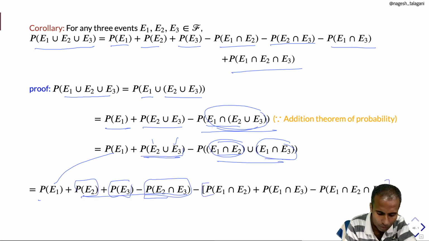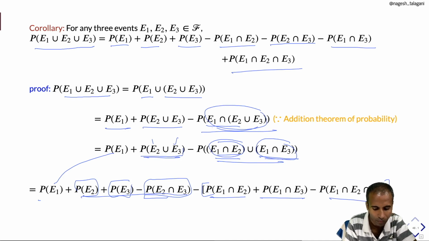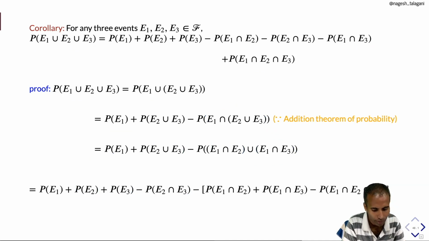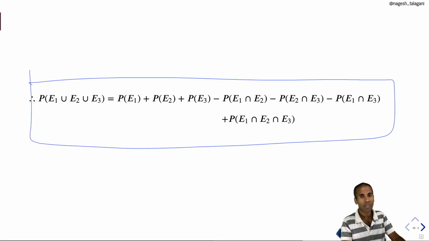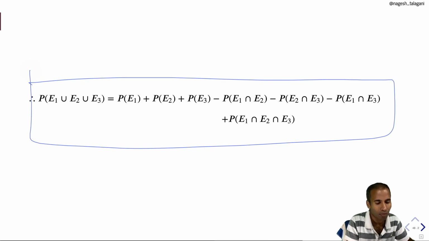Minus, here the addition theorem for these two events, E1 intersection E2 and E1 intersection E3: the probability of E1 intersection E2 plus probability of E1 intersection E3 minus probability of E1 intersection E2 intersection E1 intersection E3, which is going to be simply E1 intersection E2 intersection E3. So after multiplying by minus, we simply get this. So this is the addition theorem of probability for three events. Now we can generalize for n events.